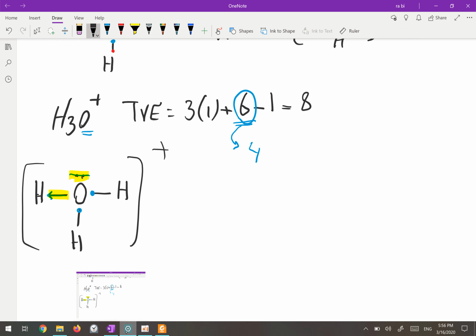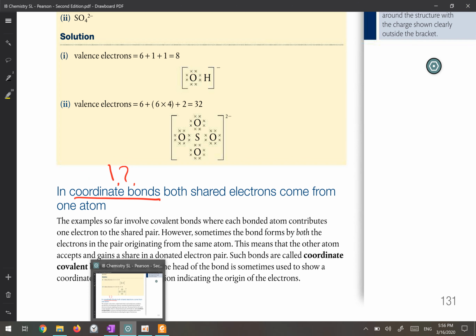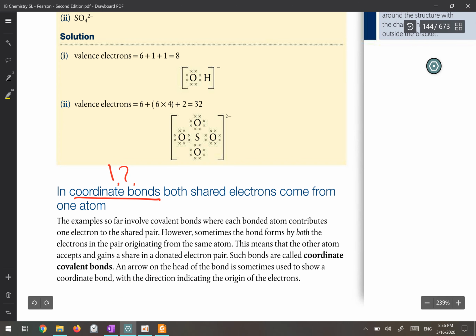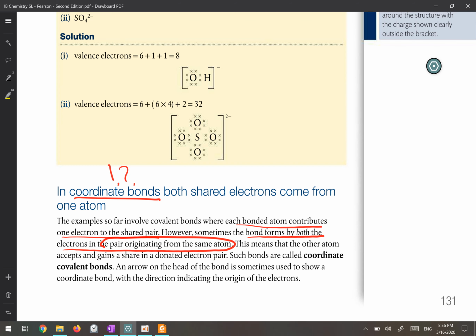So let's go back to your textbook. It says that example 4 involves covalent bonds where each bonded atom contributes 1 electron to the shared pair. However, sometimes the bond forms with both electrons in the pair originating from the same atom. It means only one of the atoms shares the electrons.